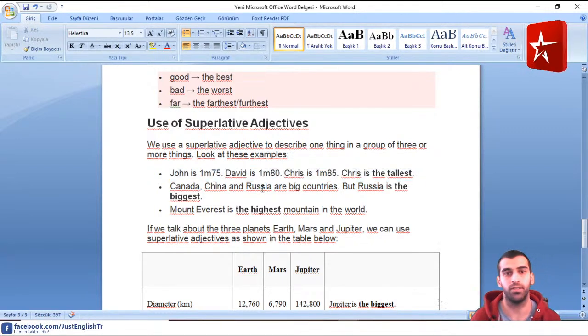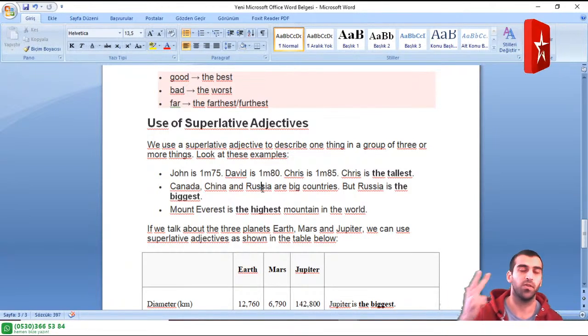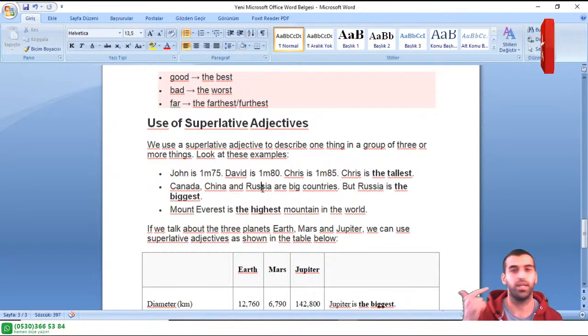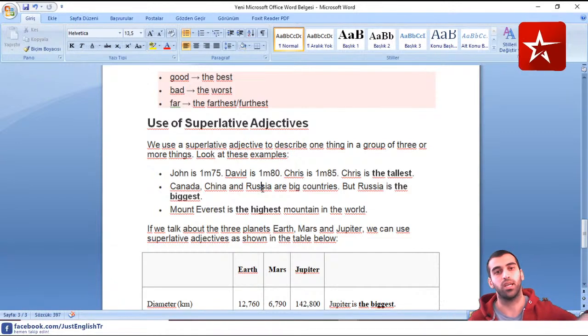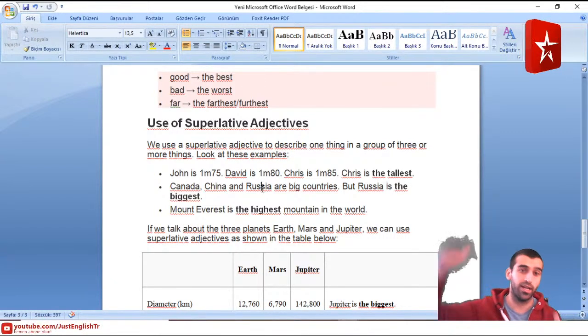Canada, China, and Russia are big countries, as you know, but Russia is the biggest. As you see, John, David, Chris: three people. Canada, China, and Russia: three countries. Mount Everest is the highest mountain in the world. There are lots of mountains in the world, more than three, but Mount Everest is the highest one.